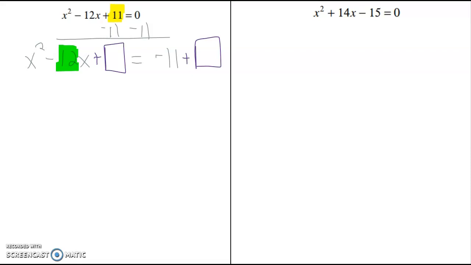That's our b term. We're going to take that number, divide it by 2, then square it. So 12 divided by 2 is 6, and 6 squared is 36. So that 36 is what we're going to be adding to each side.